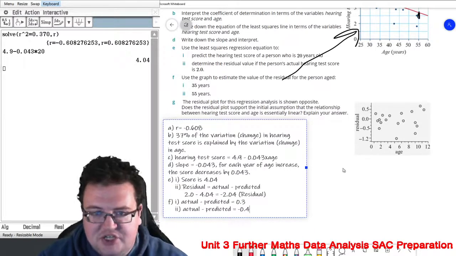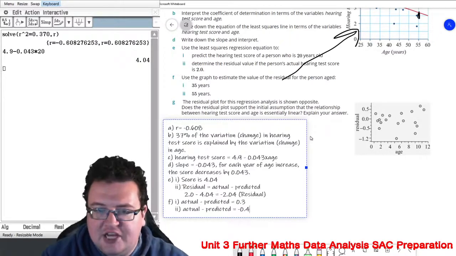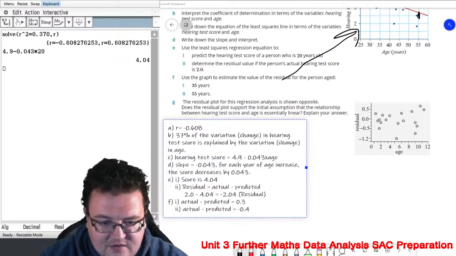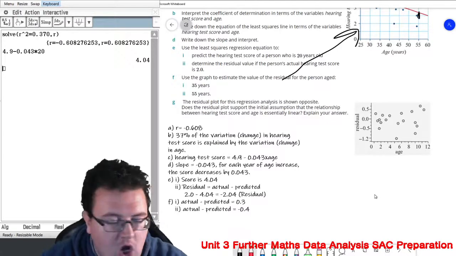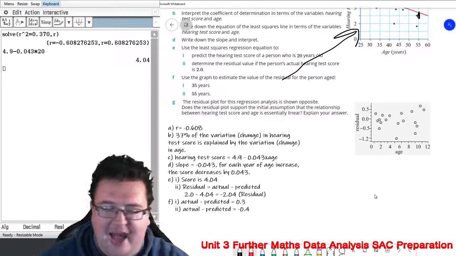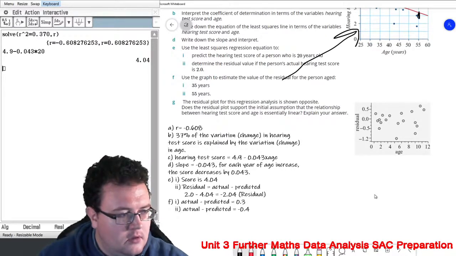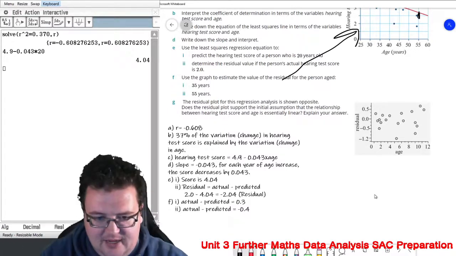Now, the last question: the residual plot for this regression analysis is shown opposite. Does the residual plot support the initial assumption that the relationship between hearing test score is essentially linear? Explain your answer. Now, the answer is yes, it is essentially linear because there is no pattern. Because there is no pattern, we can therefore say it is linear.